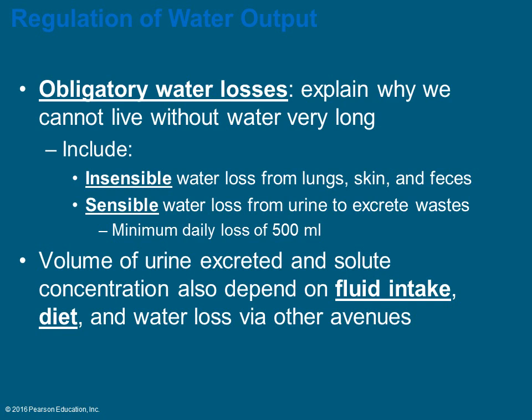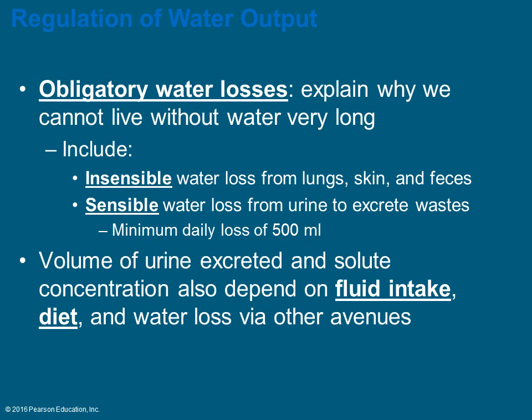There is some water loss that you can't shut down. It's going to happen no matter what, which is why you can't live very long without water. Some of that is insensible water loss that occurs via respiration, through the skin, through the feces. And then you also are going to be losing water basically from the urine.